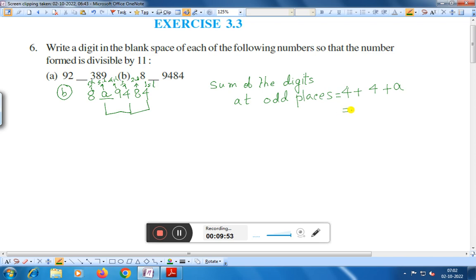This is equal to 4 plus 4, that is 8 plus a. Now we'll find the sum of the digits at even places.